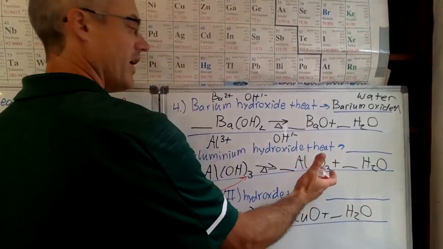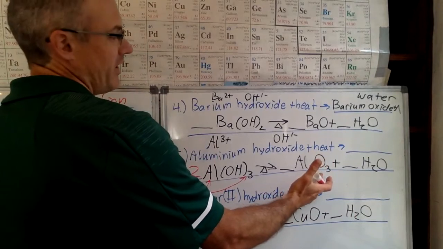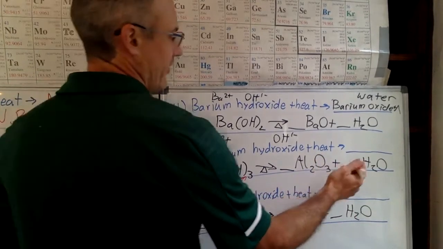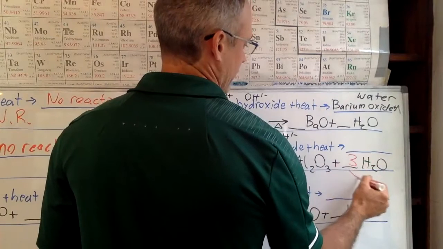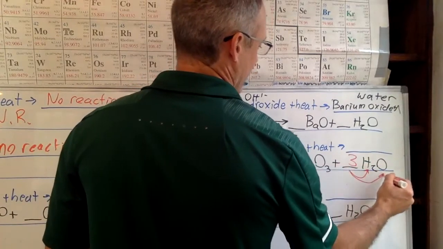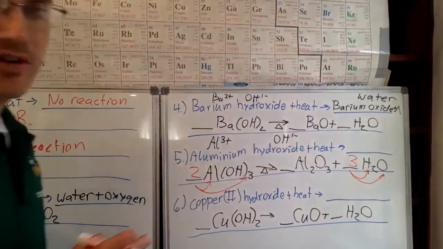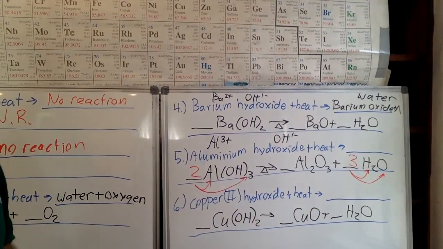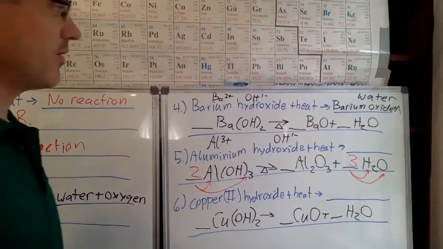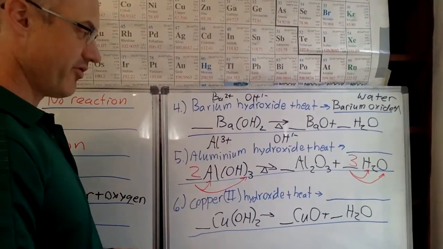We have 3 oxygens here already. So if we wanted 6, we could multiply this by 3, and that would also balance our hydrogens. So that worked with a 2, 1, 3. This one balances itself, of course, down here because it's the same basic reaction that we saw in number 4.